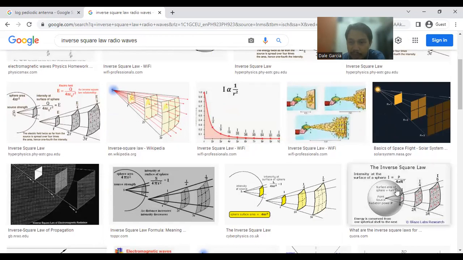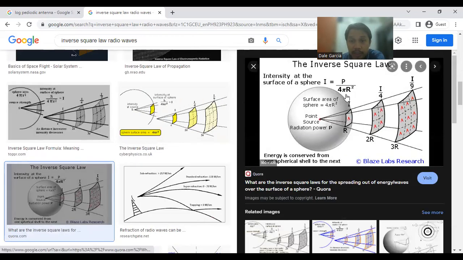The formula is P over 4 pi r squared, where P is in watts and r in meters. So what if we have 1 watt radiated from a point source? How much is the power 1 meter away?